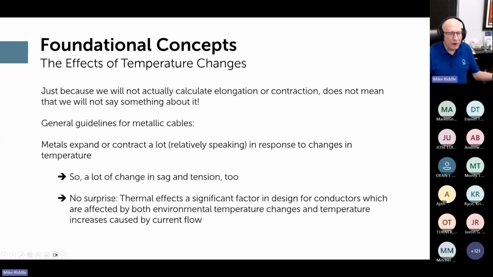And it becomes no surprise, therefore, that thermal effects or consideration of thermal effects is a significant factor in the design for conductors because conductors are affected by both environmental temperature changes, you know, cold in the morning, hot in the afternoon, for example, plus the temperature increase that's caused by current flow. So flow going through a conductor will heat the conductor up. So therefore, a lot of change in sag and tension.